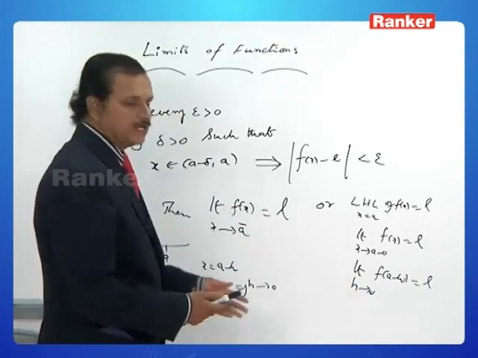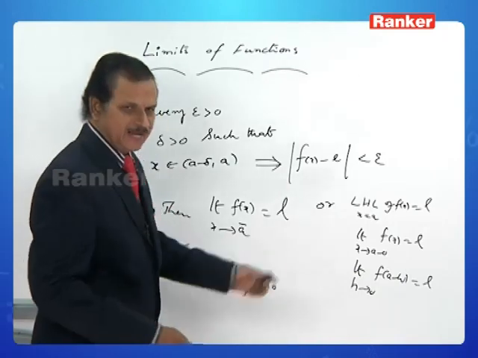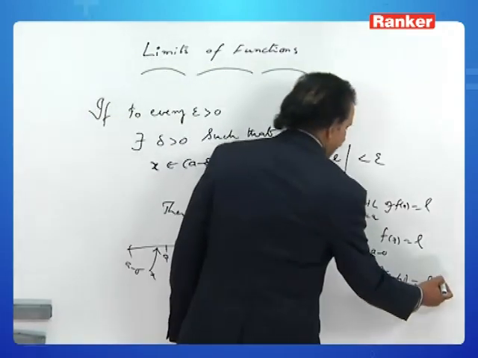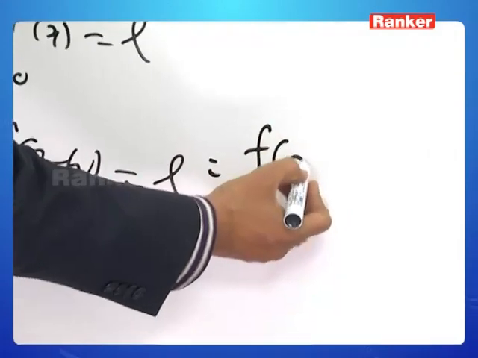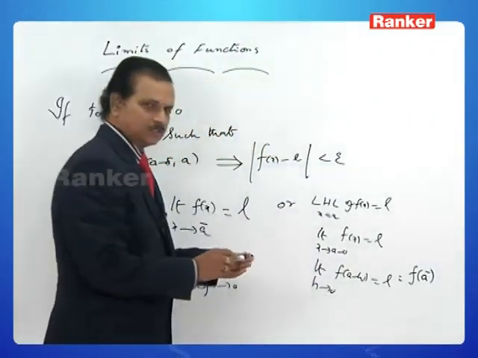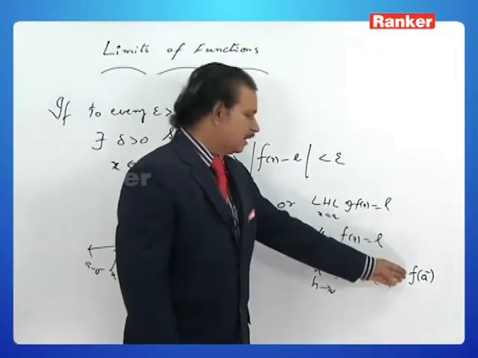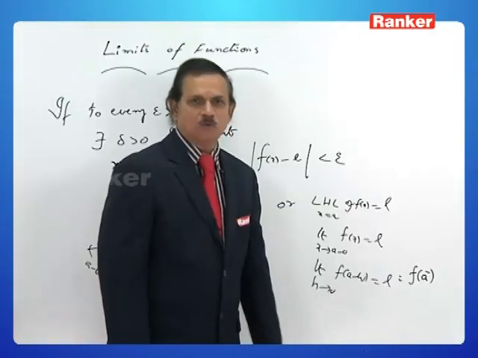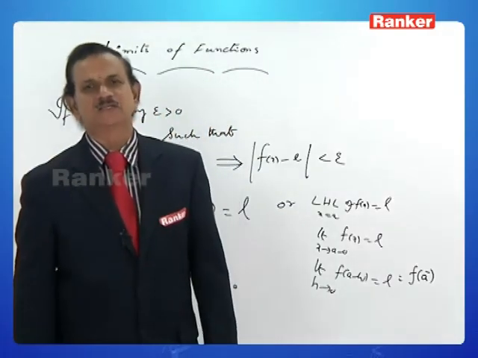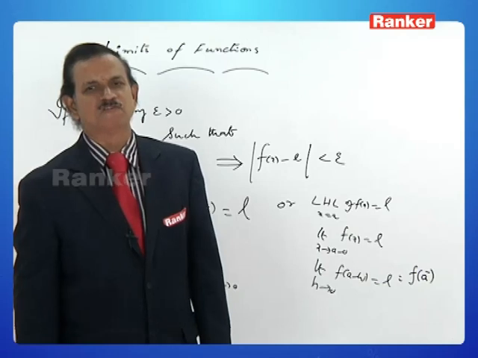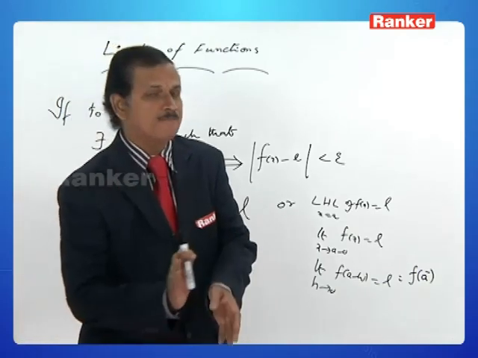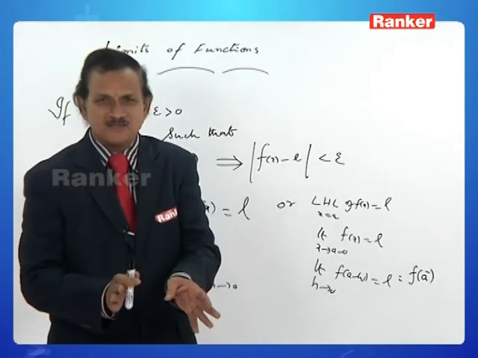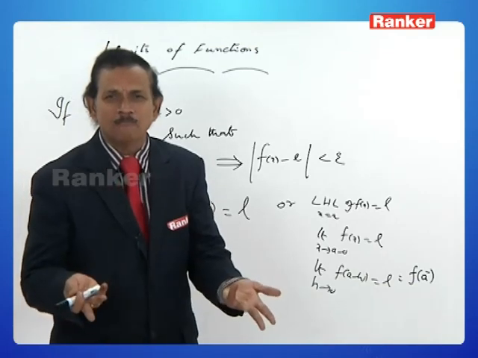Yes, there is another very brief way to represent this left hand limit. So many authors, students, and lecturers also like to use this symbol, f of a from left. What does it mean? It is nothing but the left hand limit of f of x as x tends to a from left. Left means who is left to whom?